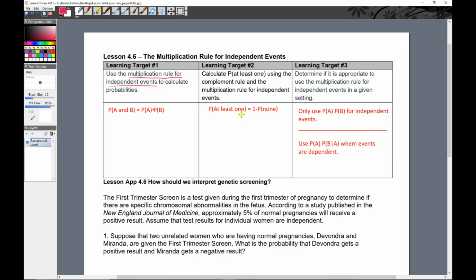So the probability of at least 1, as we saw in that last problem, at least 1 traffic jam, was 1 minus the probability of none.